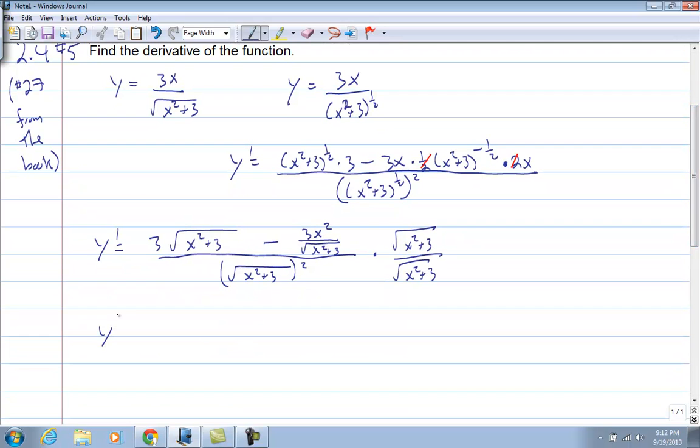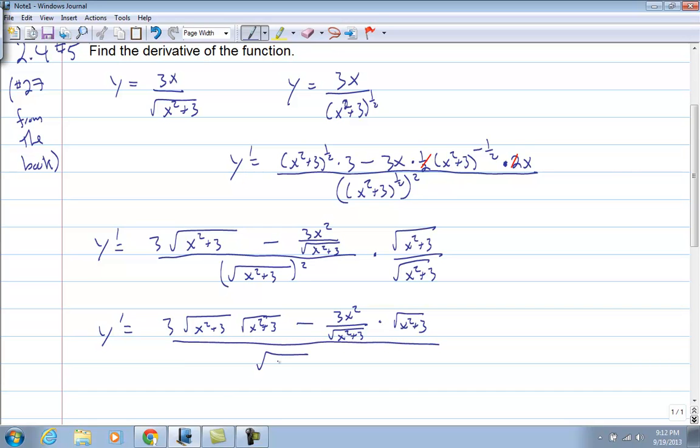So that y prime is going to be 3 times the square root of x squared plus 3 times the square root of x squared plus 3, that's from distributing the square root of x squared plus 3, minus 3x squared over the square root of x squared plus 3, I just rewrote what we had there, times the square root of x squared plus 3, over the square root of x squared plus 3, squared, times the square root of x squared plus 3.